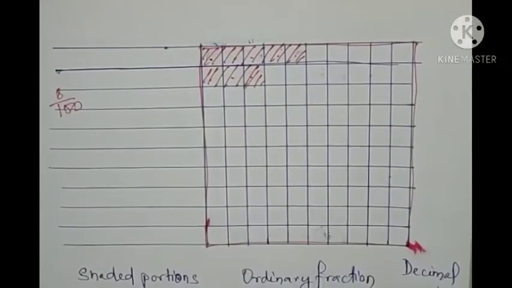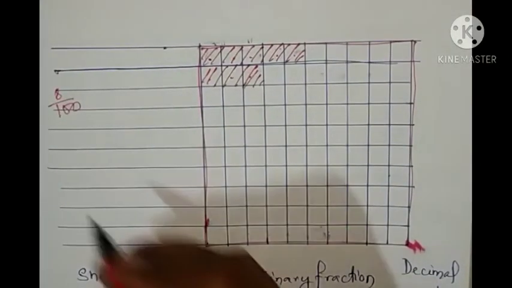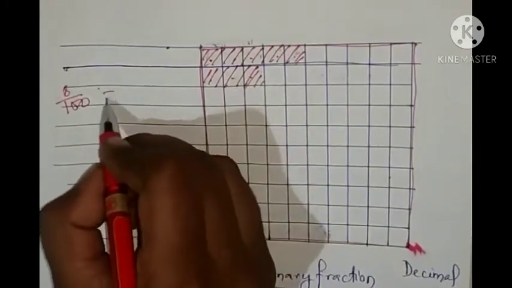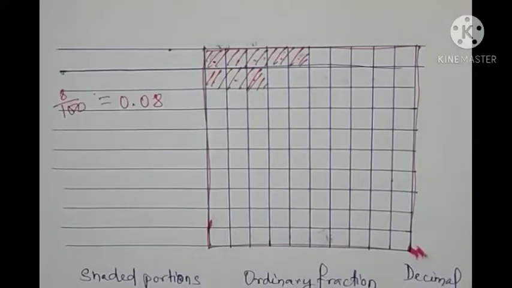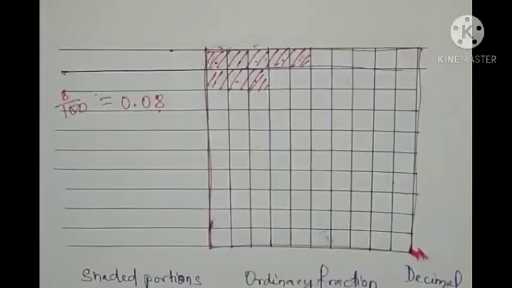In decimal, 8 by 100 is 0.08, because this is the 100th place.